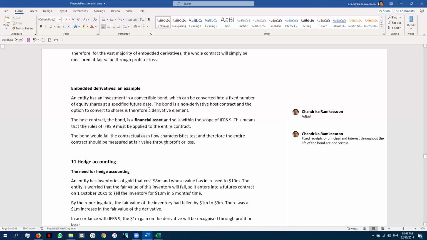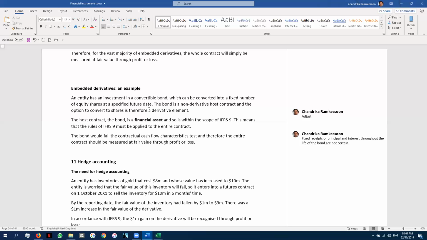So a simple embedded derivative would look like this, right? The host contract is within the scope of IFRS 9. This means the rules of IFRS 9 must be applied to the entire contract.